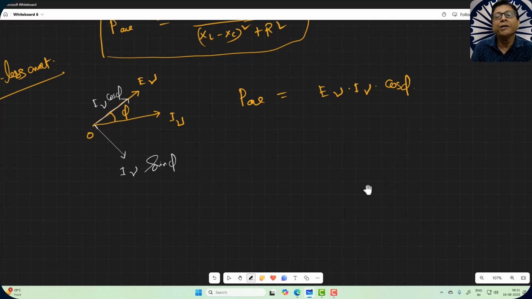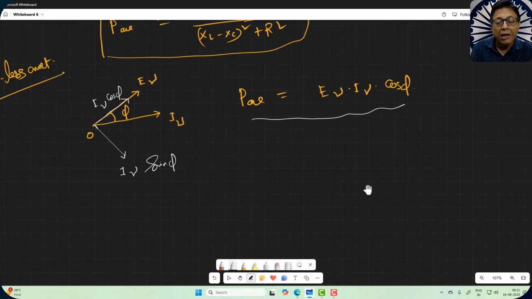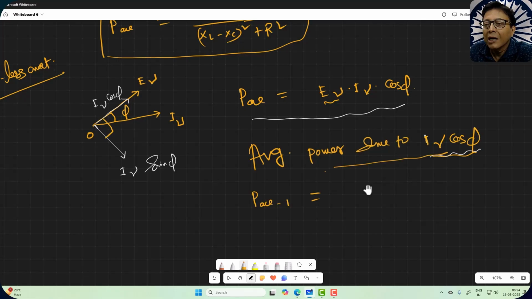Now, we use the same expression for average power due to the component I nu cos phi.